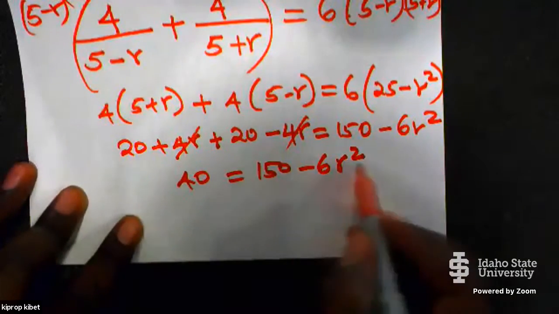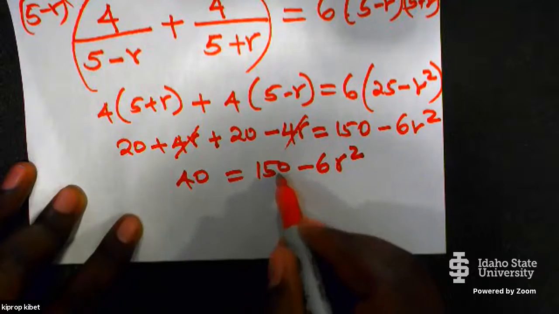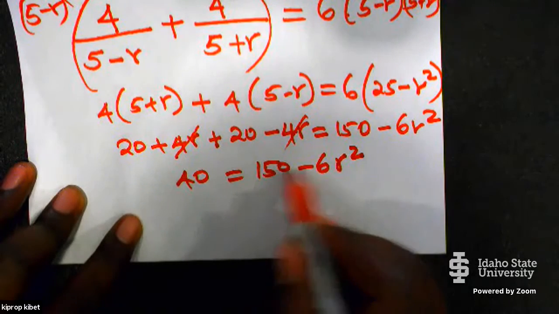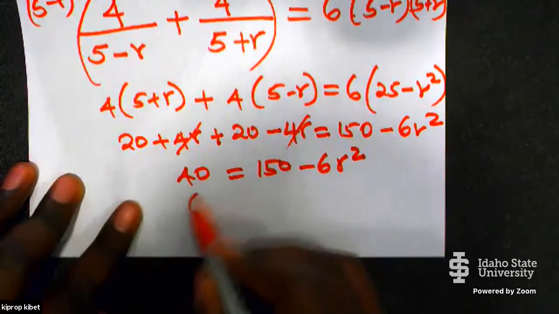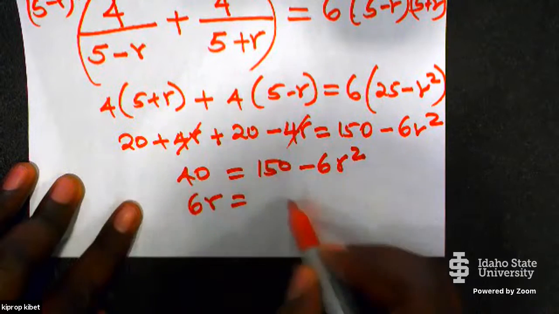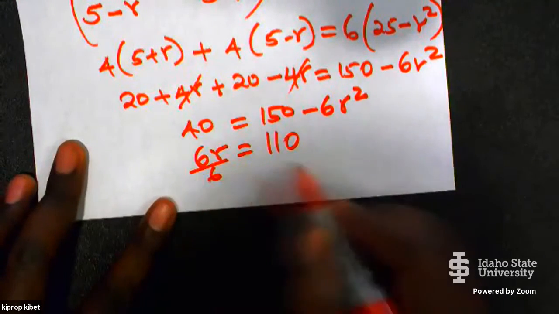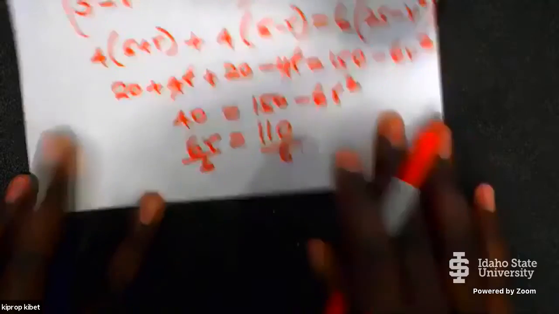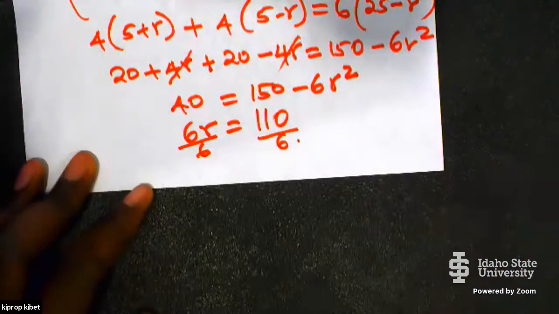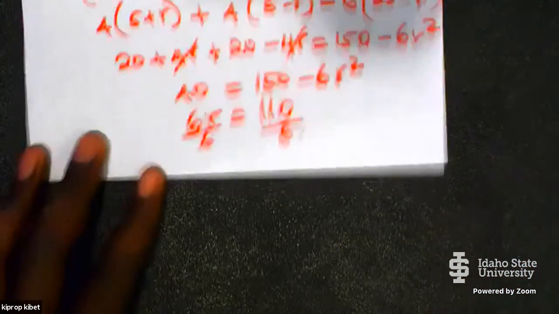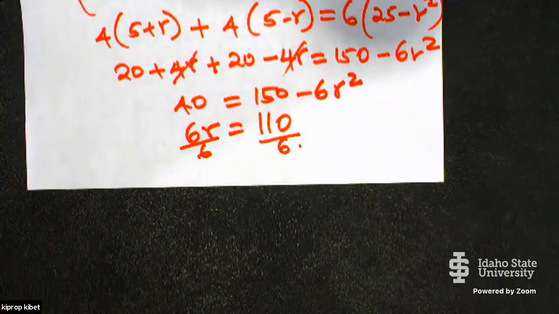Now, we can take 6R squared to the other side. So 6R squared equals, take the 40 to the other side, 110. So you divide by 6, divide by 6. So what will be our R?